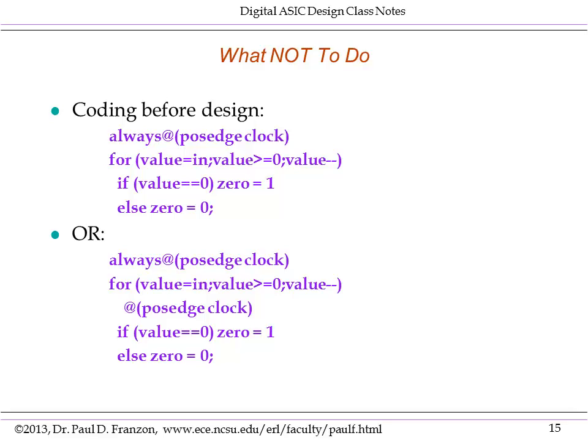We then execute that for loop from value down equal in down to 0. When it hits 0, the 0 flag will be 1. 0 is the only thing assigned explicitly in this for loop. The value is assigned implicitly. So we're most probably going to get a flip-flop whose D input is tied to 1. And on the pos edge clock, Q becomes equal to 1 through that flip-flop.